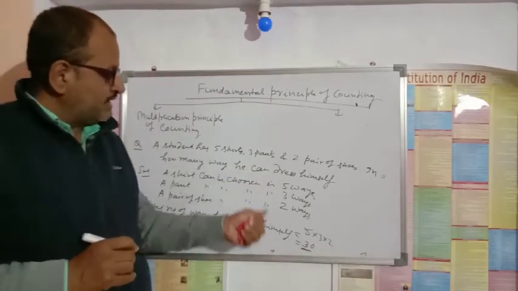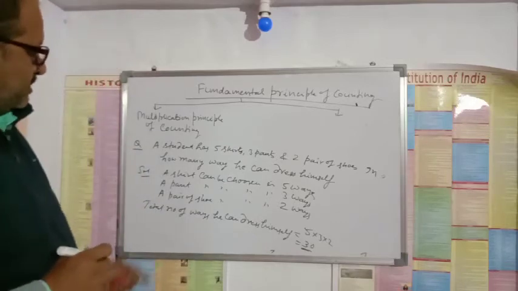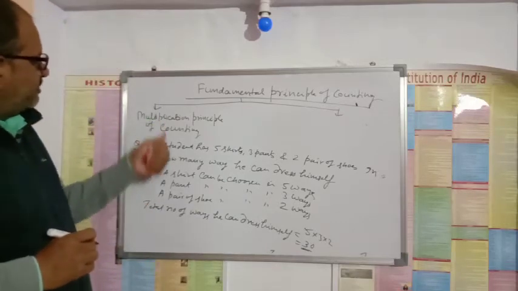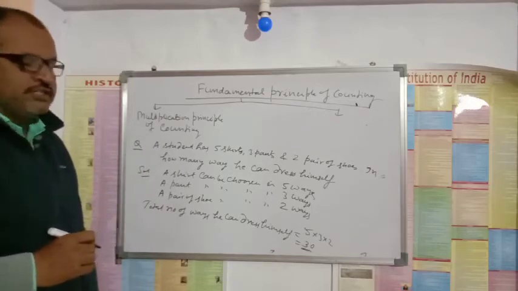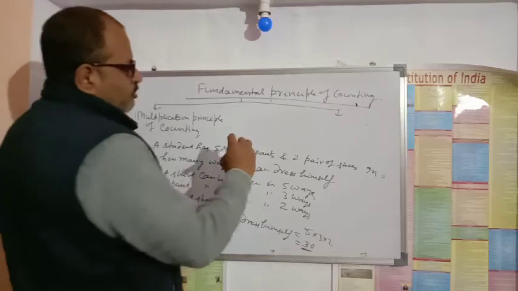So he can dress himself in 30 different ways. So in this type of problems, we will use multiplication principle of counting. You can see one more example.